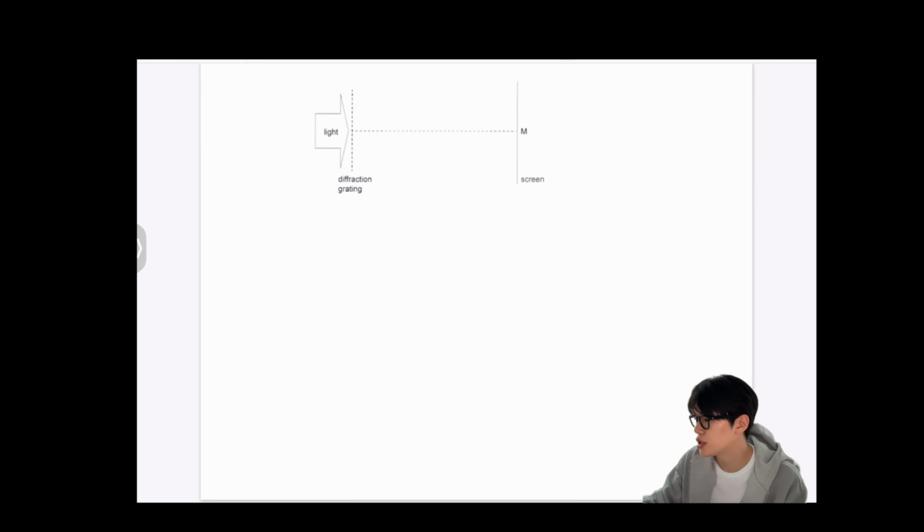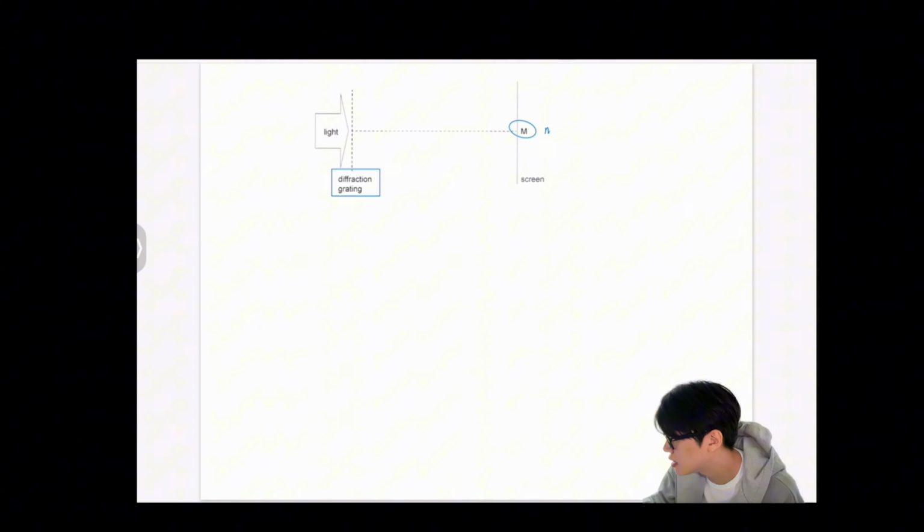So moving to the next question, we have question 4C. They said outline why the interference at M is constructive, right? So if you read carefully in the question, they said a beam of light containing all the wavelengths in the range 550 nanometers to 650 nanometers is incident normally on a diffraction grating. So this question is about the diffraction grating, right? And if you think about the midpoint here, at the midpoint, there is always constructive interference. Why?